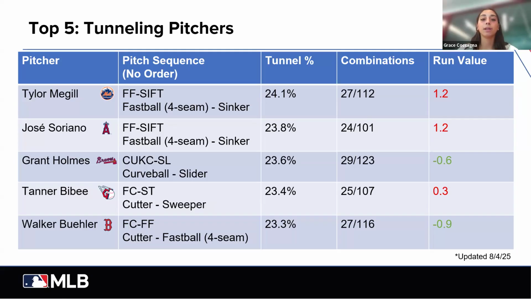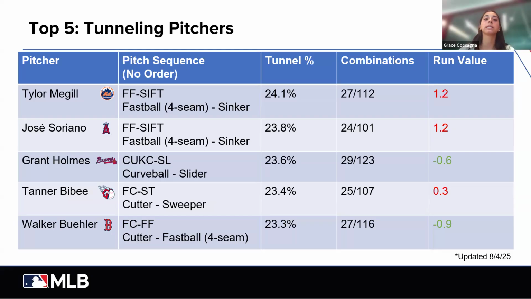You can see that 3 out of the top 5 pitchers who tunneled the most have a positive run value, which in turn is hurtful to them. So this is further supporting that just because you tunnel more, it doesn't necessarily mean that you are a better pitcher.